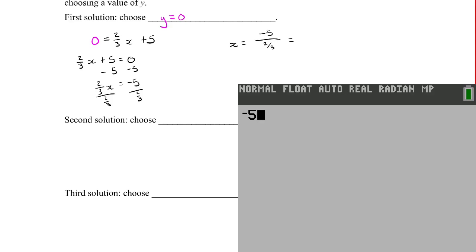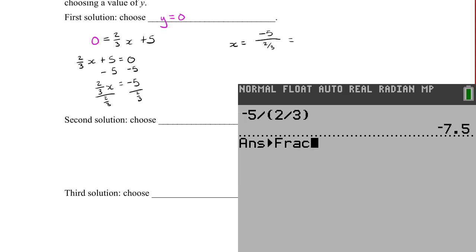We'll say -5 divided by, in parentheses, 2/3. And I'd like this as a fraction, so I'm going to go to Math and choose option 1, Convert to Fraction. I get x is -15 halves.